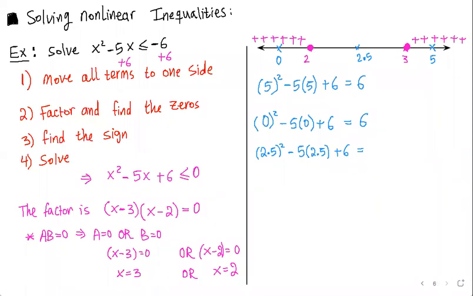This is not 5 squared, it's 2.5 squared, and 5 times 2.5 is not 5 times 2, this is different. 2.5 squared is 6.25. So after you do the calculation for everything here, you get minus 0.25.